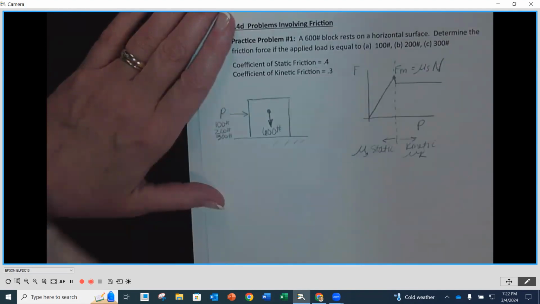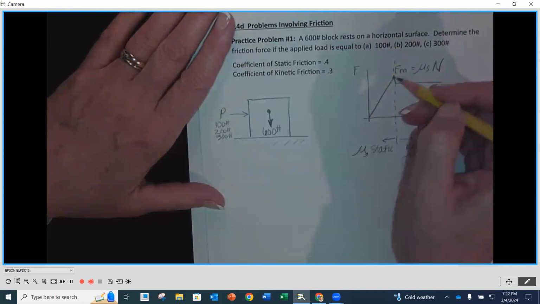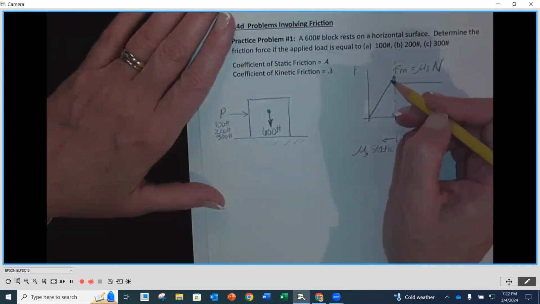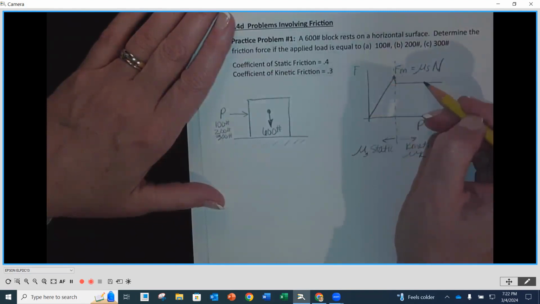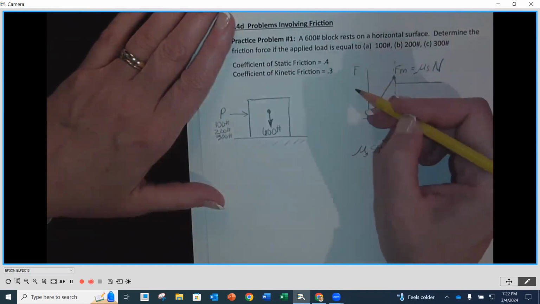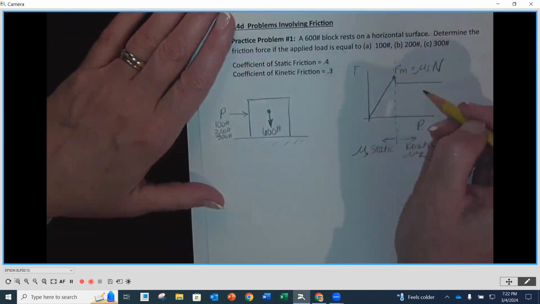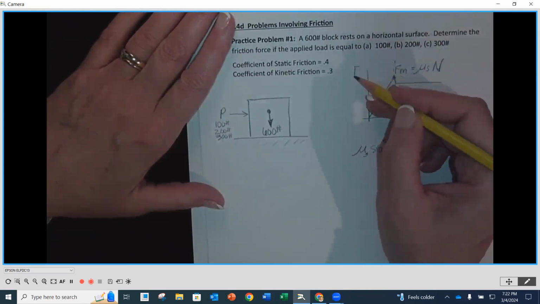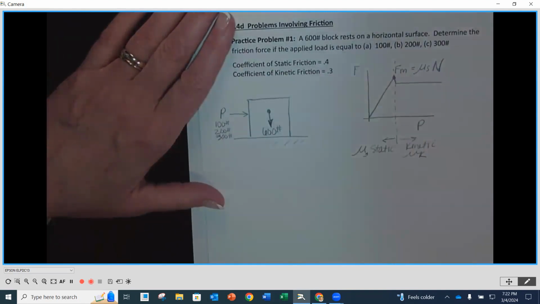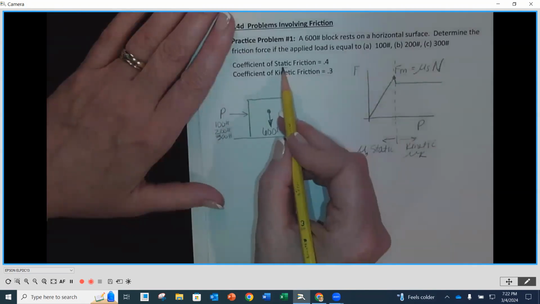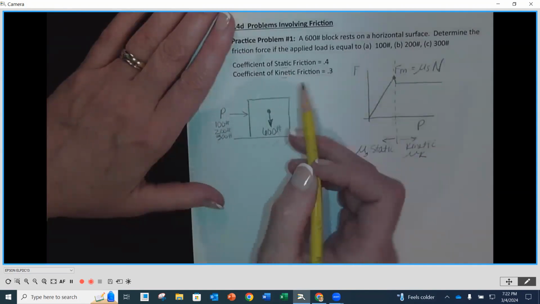What we need to know is, what is the maximum friction force? So if we're 100, are we on the static side or the kinetic side? If we're 200, are we on the static side or the kinetic side? If we're 300, are we on the static side or the kinetic side? Because then our friction force is going to be using either the static coefficient or the kinetic coefficient.